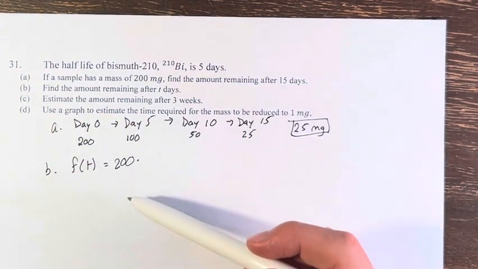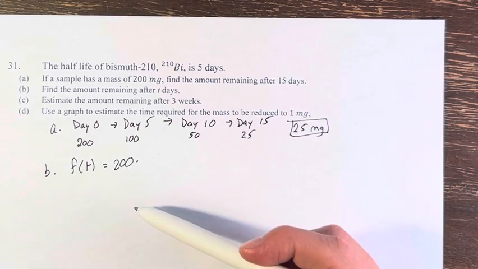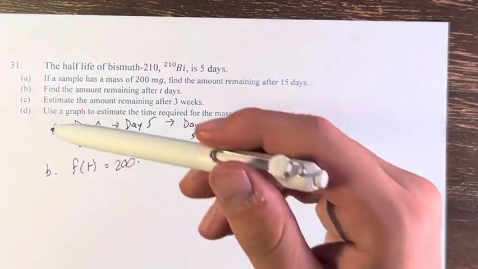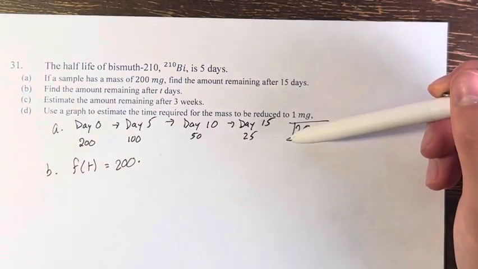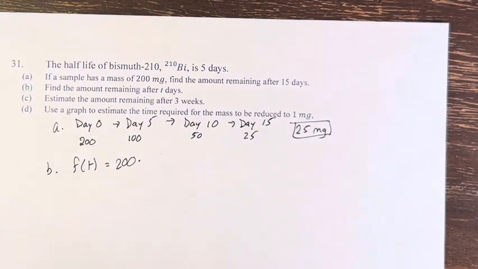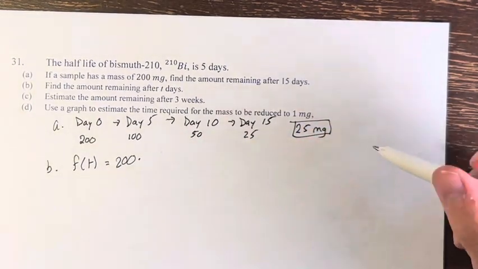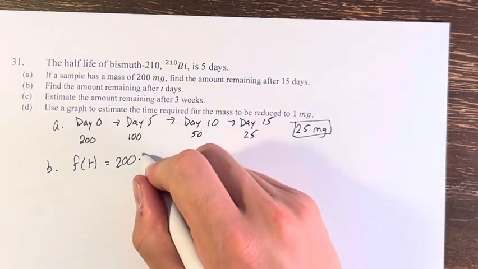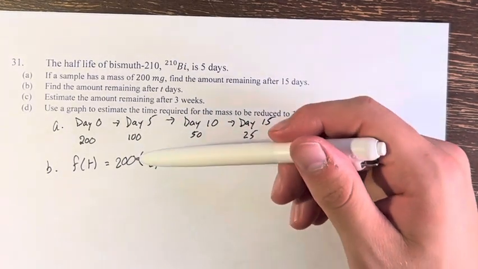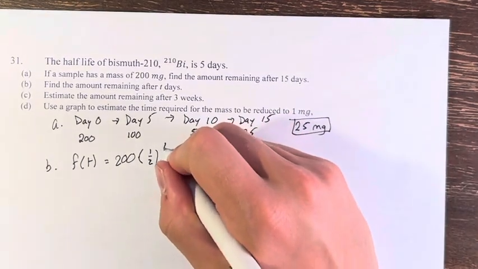And this rate of change is not the rate of change that you think about with a line. It is the rate that is itself changing, because it's not just multiplying by, let's say, 4, and that's a slope of 4. It's halving every single time, so it's changing. So we're multiplying by 1/2. We multiply 1/2 to the t.